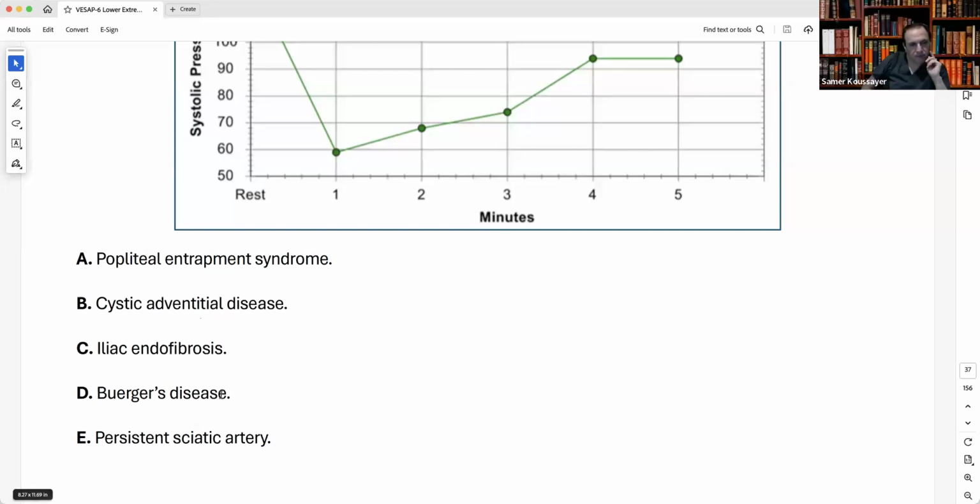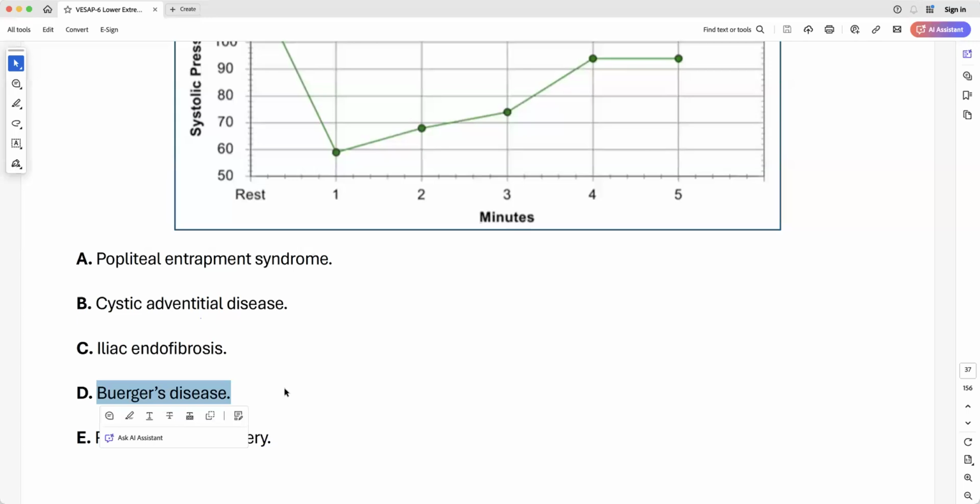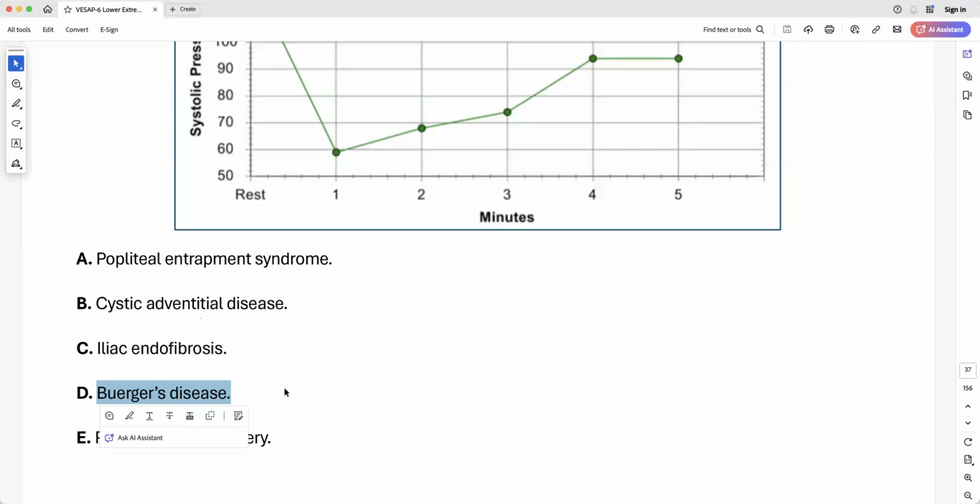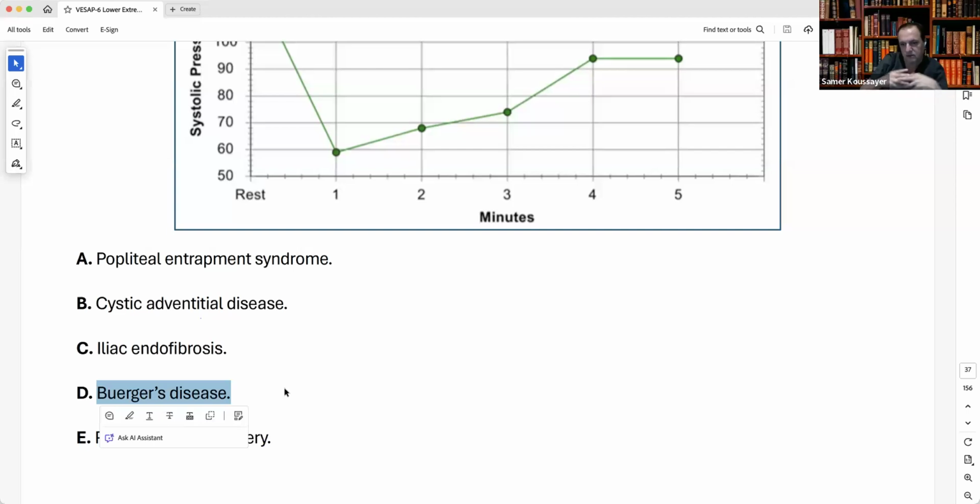Okay. Let's talk about Buerger disease. What's Buerger disease? Peripheral vascular disease with a patient history of heavy smoking. You think the ABI will be normal or abnormal? Abnormal, right? He has ischemic rest pain, and he has severe tapering of the tibial artery, and you can see corkscrew collaterals.